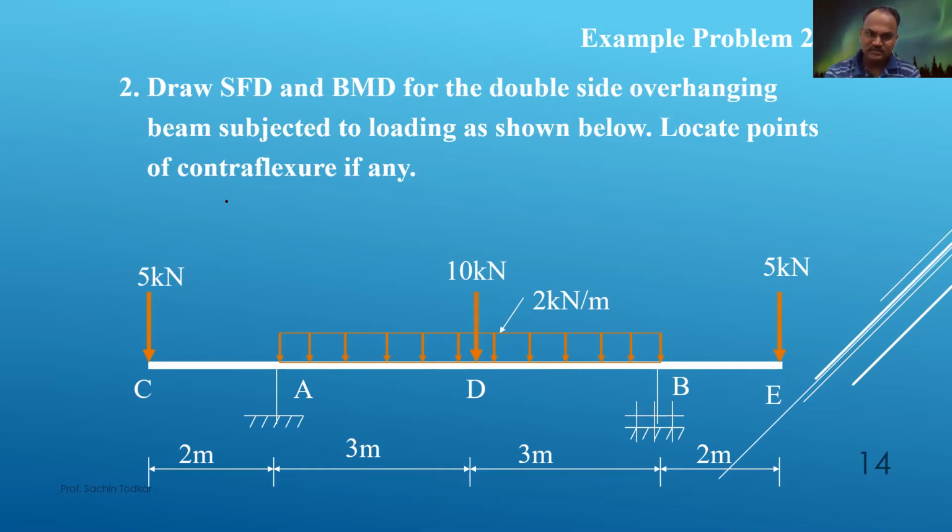In this case, if there is any point of contraflexure, then we have to calculate it. So again, first step first, we have to calculate the reactions at points A and B, and for that we need to use the basic equilibrium equations.